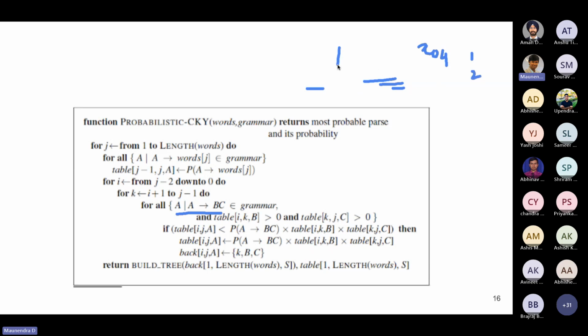So we are filling the entry x0, 4. Initially, there was nothing. So if the split at 1 is taken, there is a certain probability. Now we evaluate for split at 2. Suppose when we evaluate for split at 2, we see that the probability that we get is higher than this probability. Now we replace. Now suppose there is another split at 3. So this will be replaced.